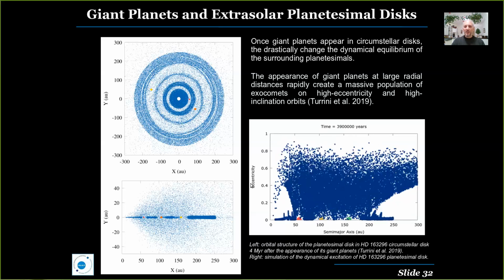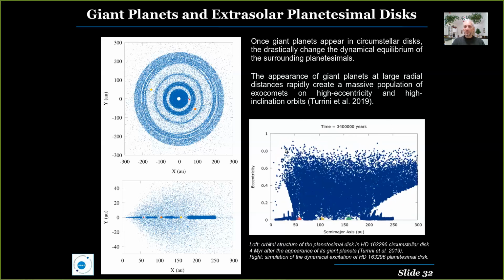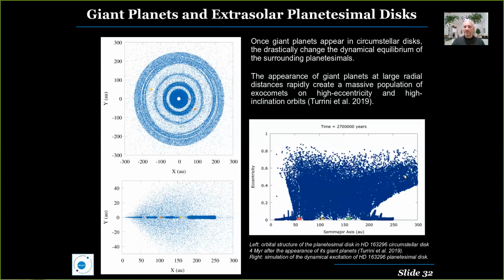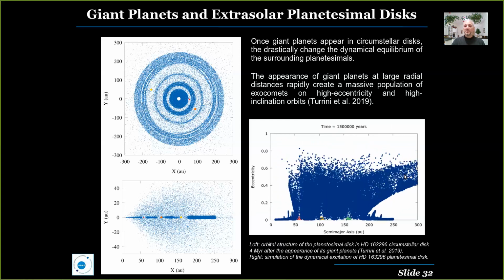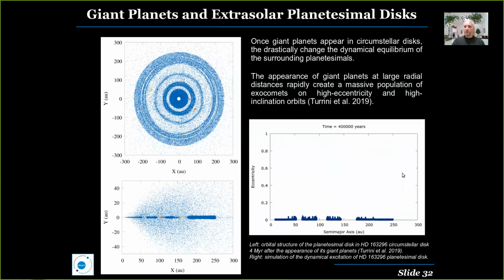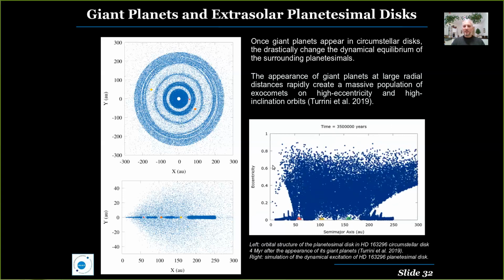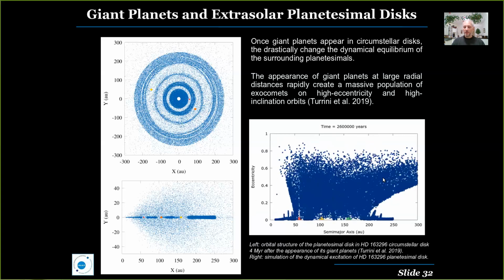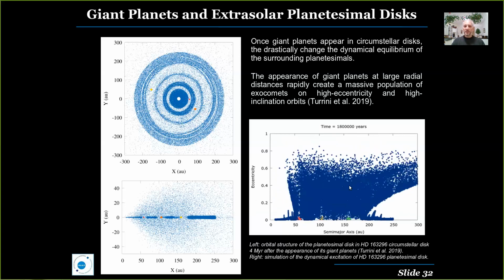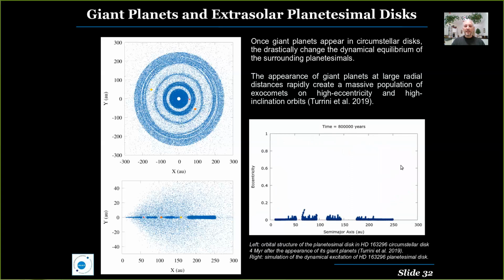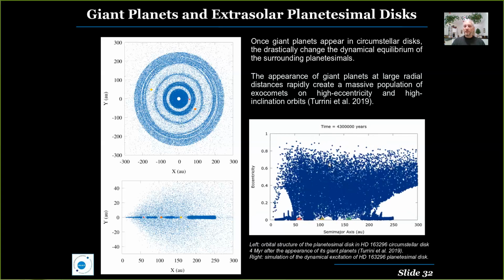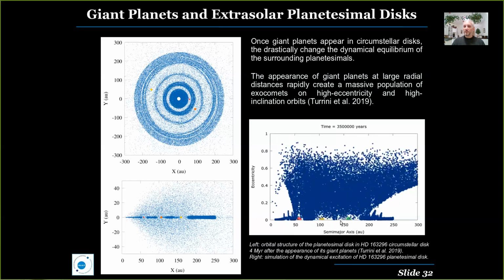As you can see, a huge population of exocomets with very, very high eccentricities is produced. This is important from the point of view of the composition of the planetary bodies, because this means that these planetesimals have very stretched orbits that can cross wide regions of the planetary system, and they can collide and be accreted by bodies forming very far away from where these planetesimals were formed.